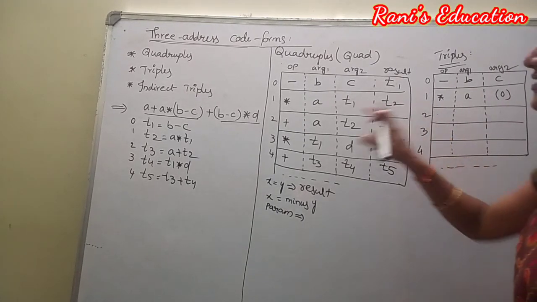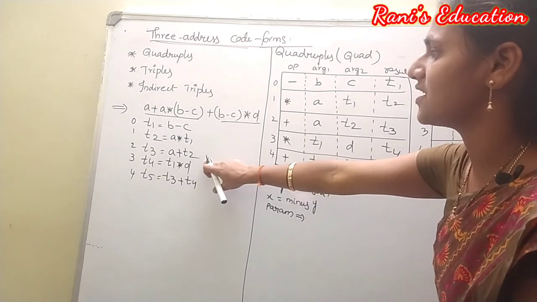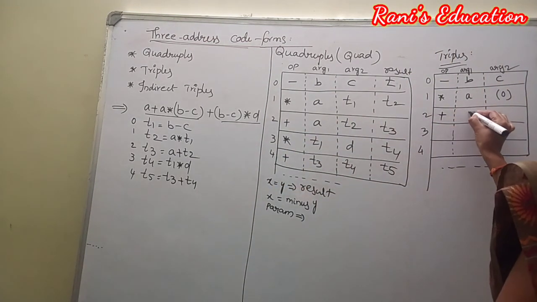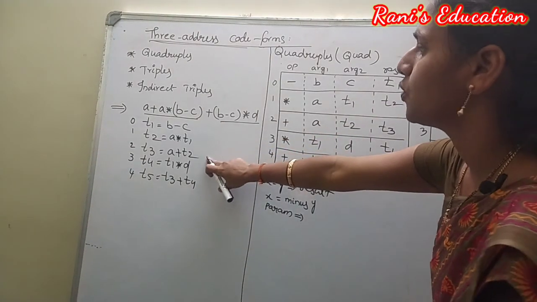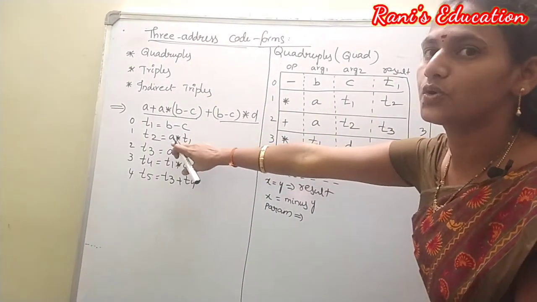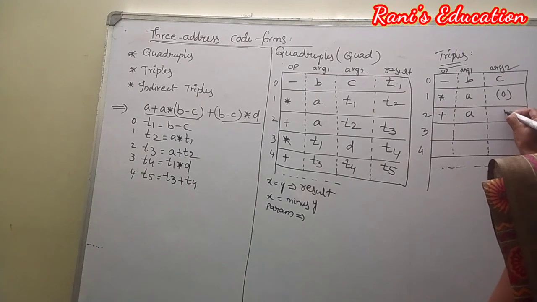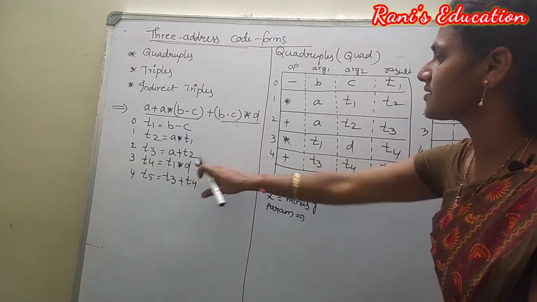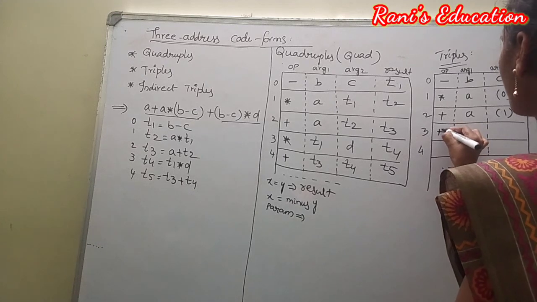Now go for the second instruction, T3 equals A plus T2. Here operator is plus, left is A. What is the position number for T2? That is 1. That position is going to be defined within parentheses. Same for this asterisk.